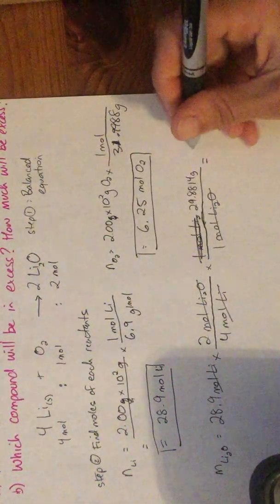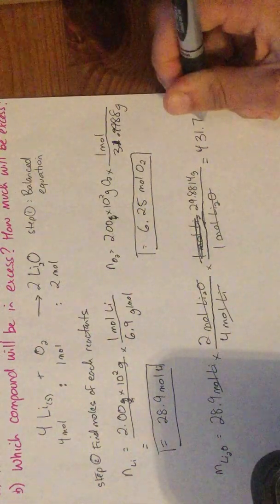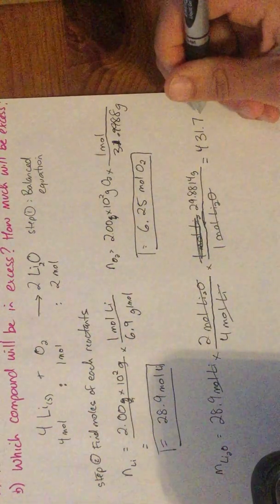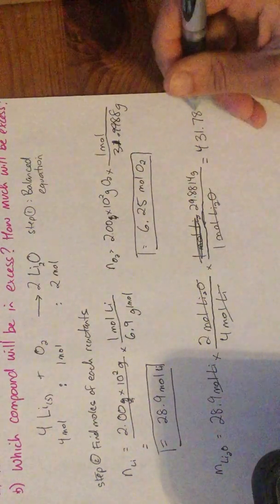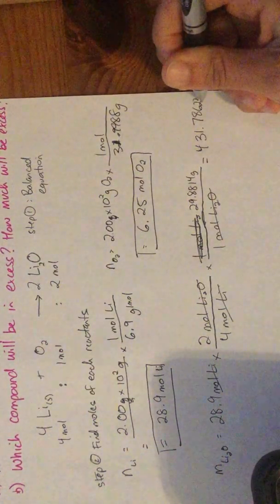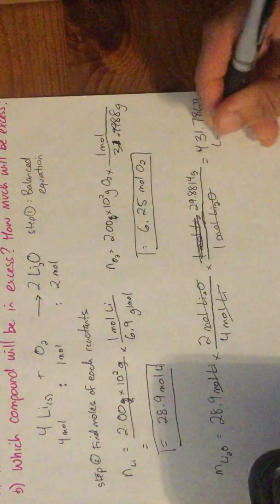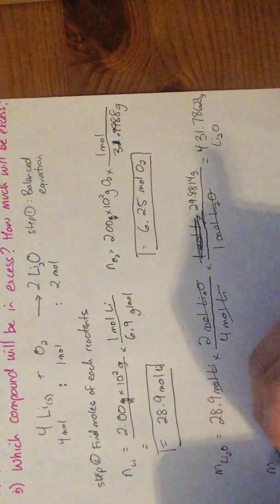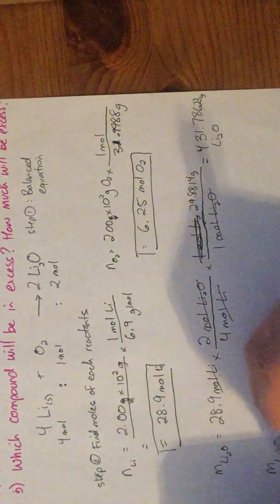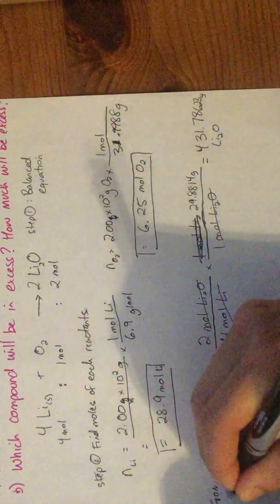Okay, so we end up with 431.78623 grams of lithium oxide that would be created by this. We're going to find out the mass of lithium oxide. So keep in mind that this was from lithium.